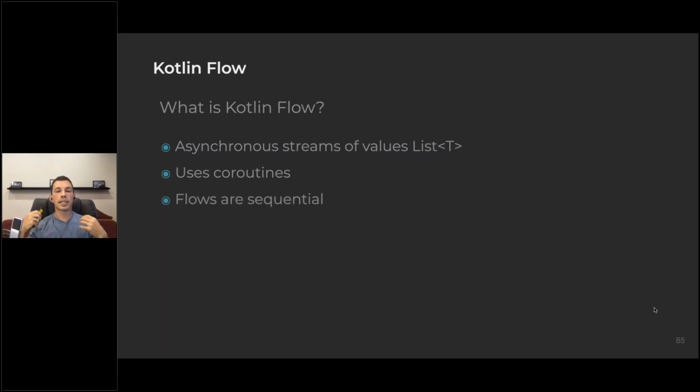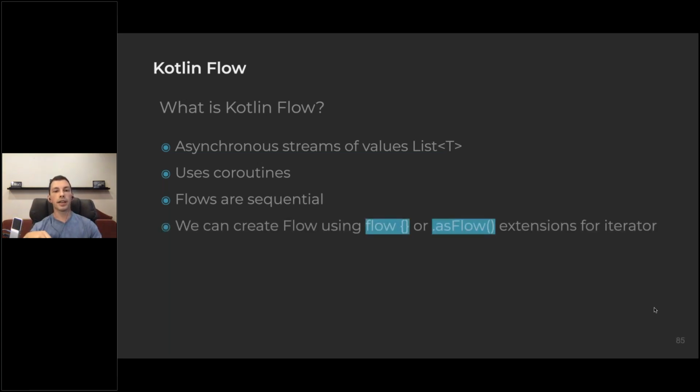And then flows are sequential. It means we emit some value, then this value goes through all the steps of this sequence, and then is consumed in our collect method. And only then do we send and emit the new value. Now we can create a flow using the flow builder or the asFlow extension for an iterator.